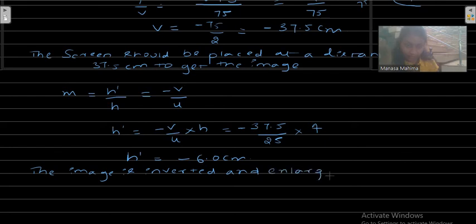Since we are talking about the concave mirror, we have to consider the image to be enlarged. So the image is inverted and enlarged. Why I am taking enlarged? If you compare h prime with h value is 4 and h prime is 6. So the image is said to be enlarged. This is how you can conclude the nature as well as the size of the image.